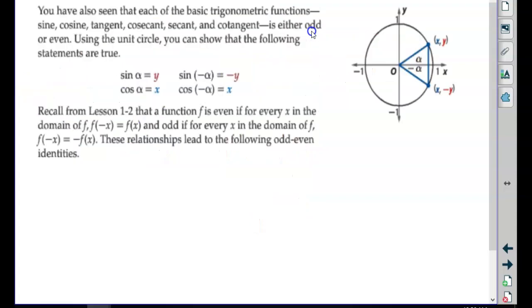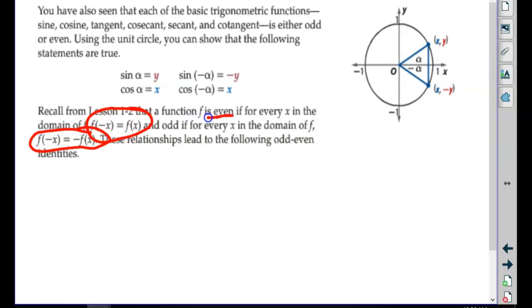All right, the second thing it talks about are, I believe, the even and odd functions. By definition, if a function is odd, then you can get rid of the negative because it is the same whether you go left or right. If a function is even, if you go left versus right, no, I just said that backwards.